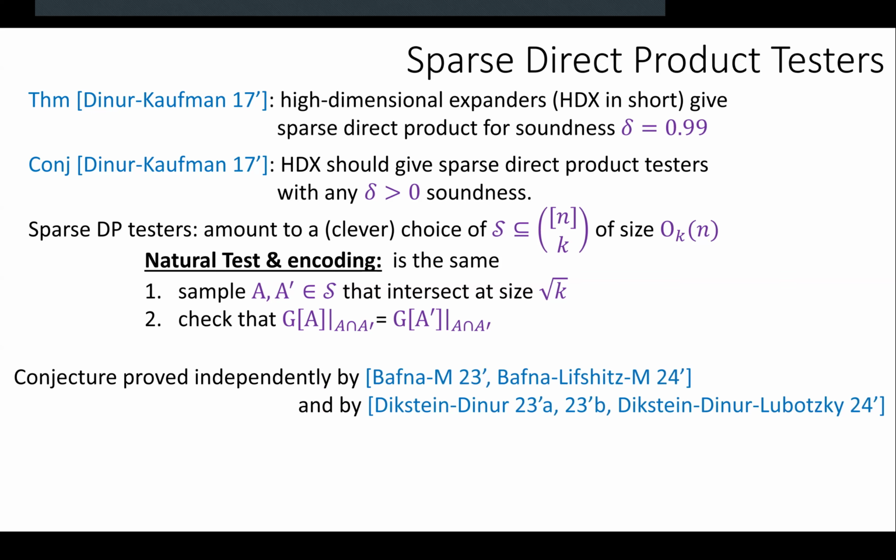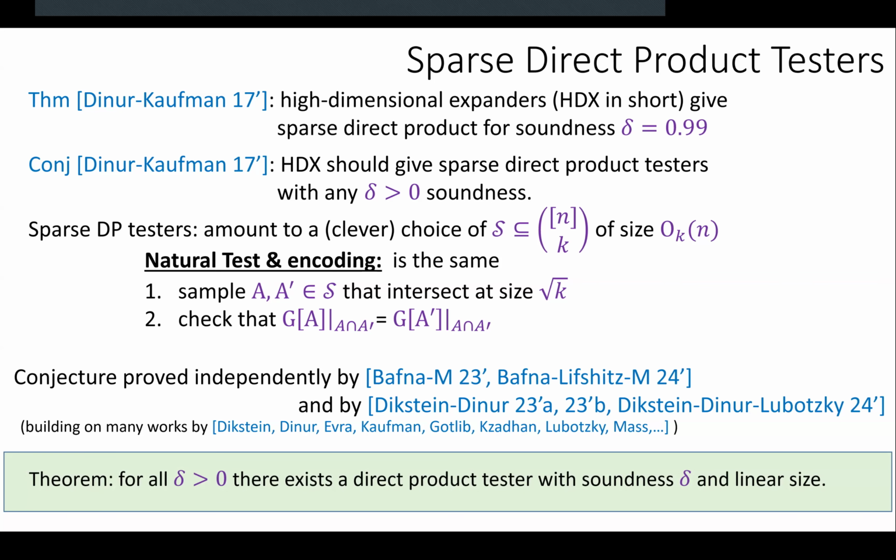This was recently developed by two independent teams: one with Mitali Bafna and Noam Lifshitz, and another by Bafna, Minzer, and Vyas, with a lot of coauthors. The result says that whatever delta you choose, you can come up with a clever choice of tests where this test has some soundness. This clever choice is exactly what all of the algebra, the adding numbers, the quaternions, go into.